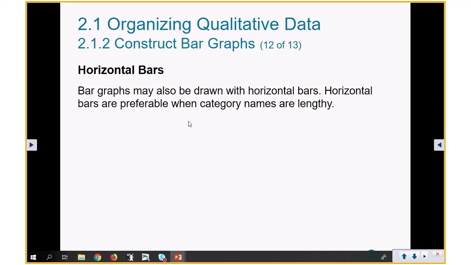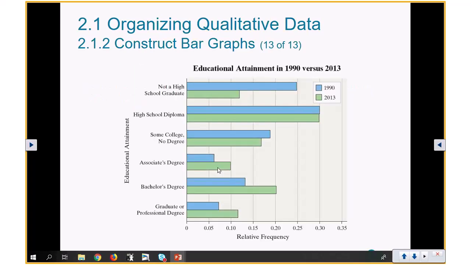So for some of you computer people, just think of horizontal the same reason you use landscape versus portrait. Horizontal is longer than what? Vertical. You don't have to, just write down a horizontal chart equals landscape, more room, a lot of data.